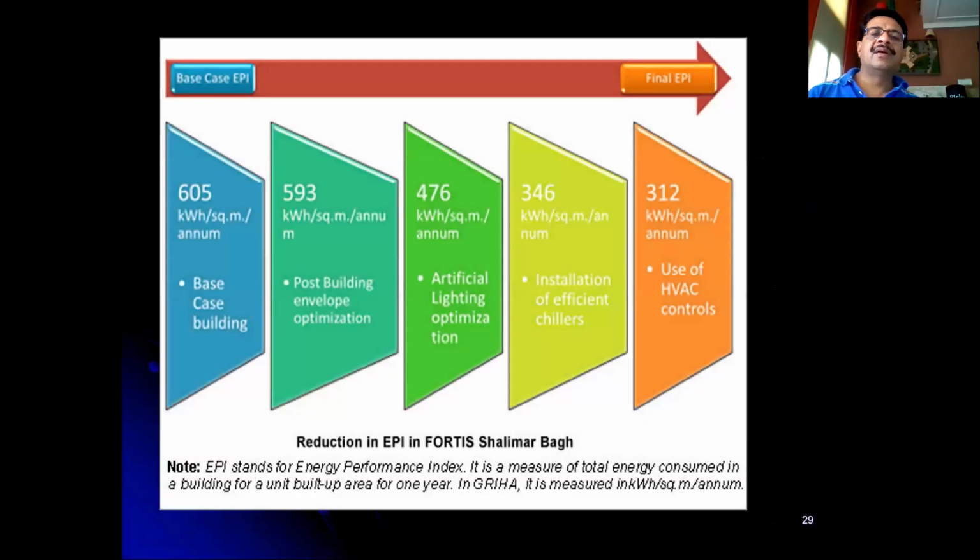So look at this. This is one of the studies of Fortis Shalimar Bagh, where they have done optimizations after the building was commissioned. So they brought down from 605 kilowatt hour per square meter per annum to 312 per square meter per annum. So this is like post-building envelope optimization, artificial lighting optimization, installing efficient chillers.